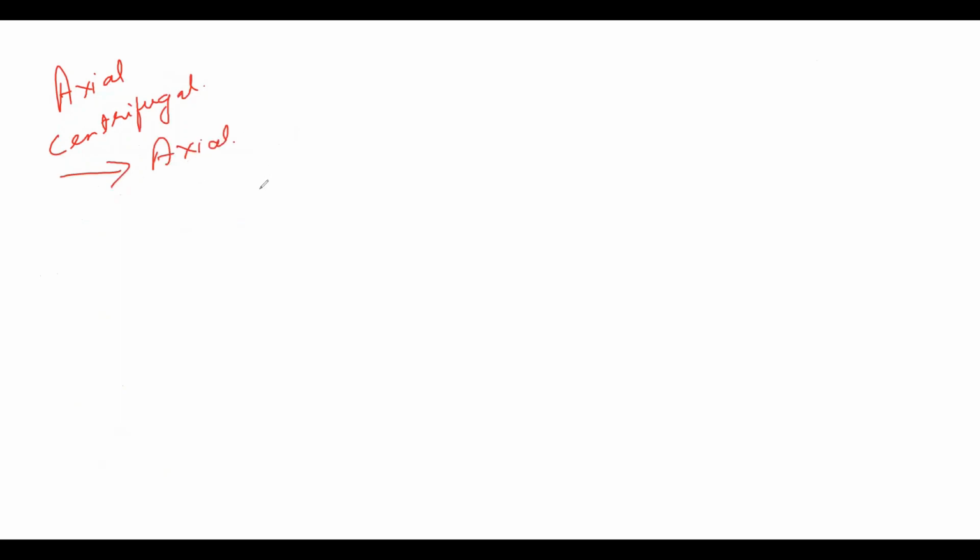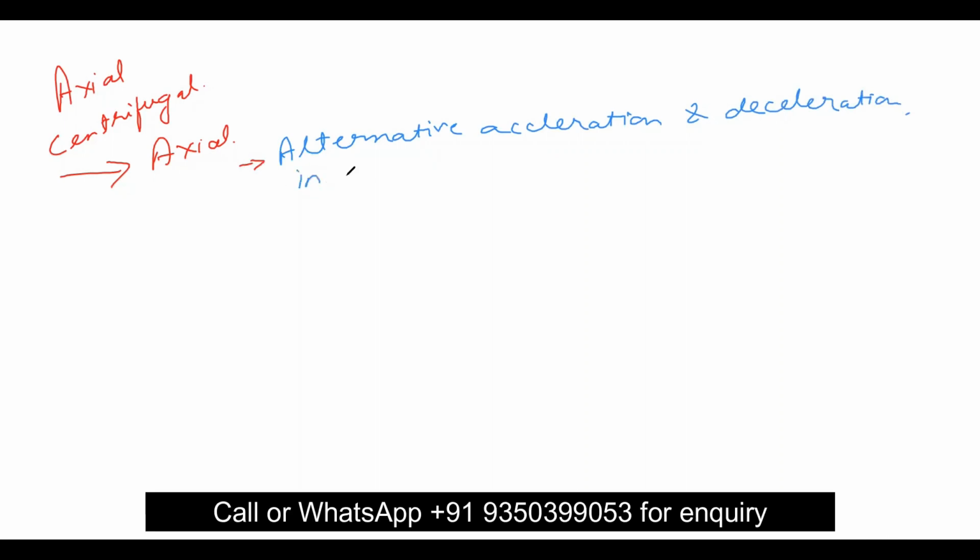So an axial compressor has alternative acceleration and deceleration, in order to develop the pressure difference.